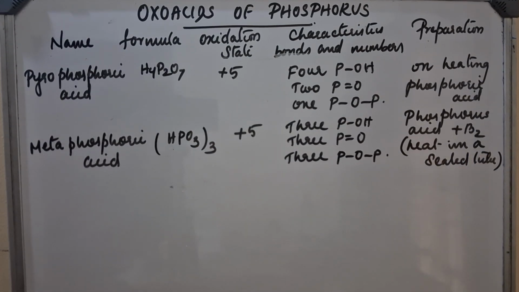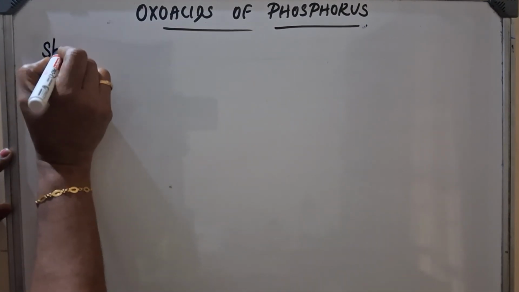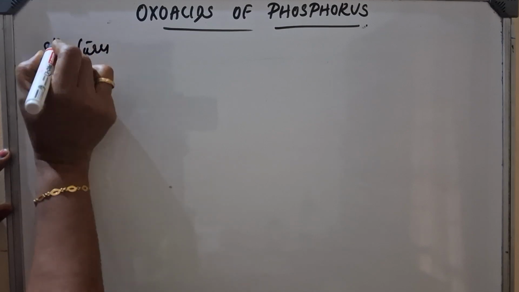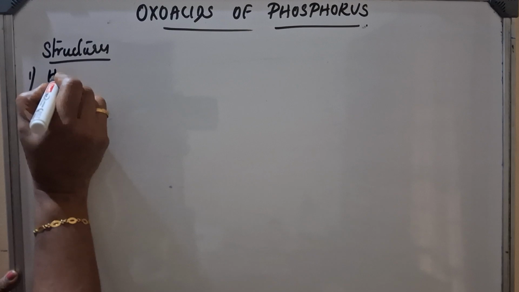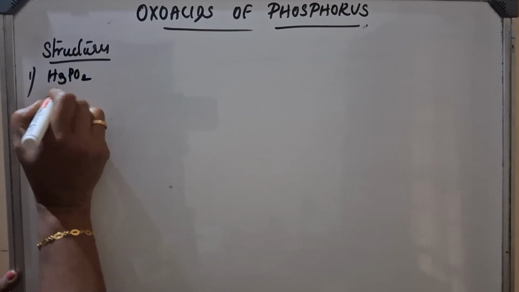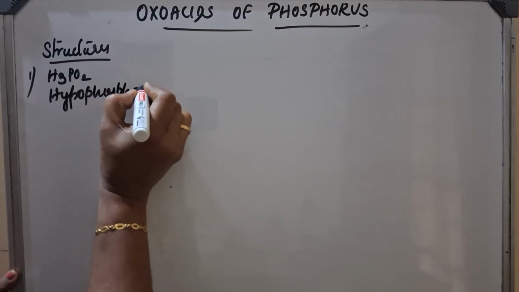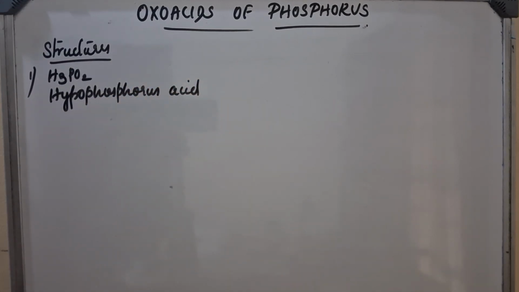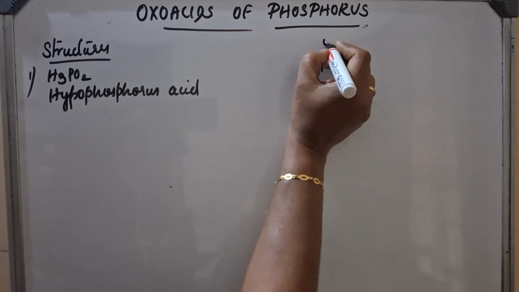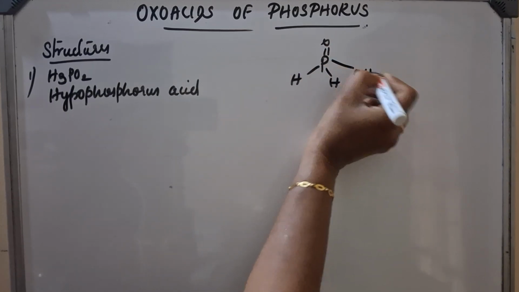Now, let us discuss some structures. Structures of some oxoacids. First one, H3PO2, hypophosphorus acid. In the structure, P=O, then 2 P-H bonds are present and 1 P-OH.